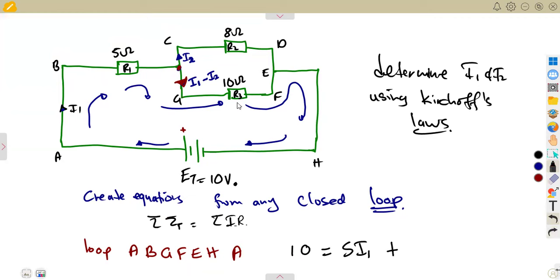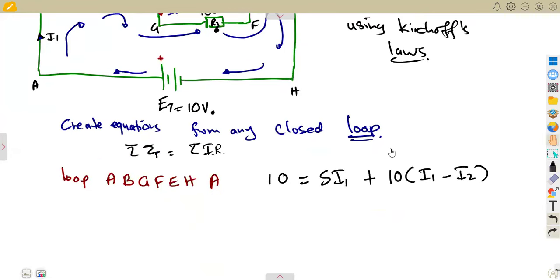Remember, current times resistance. There's a resistance there of 10 ohms. So it multiplies the current, which is current 1 minus current 2, the current that is flowing in that branch. That is how we take it.